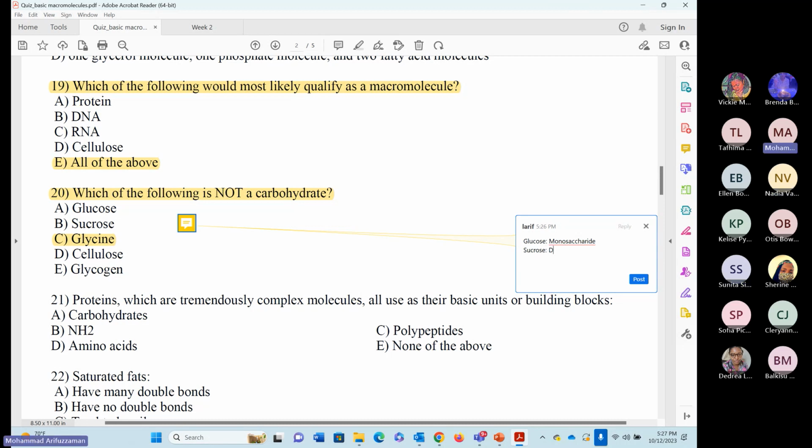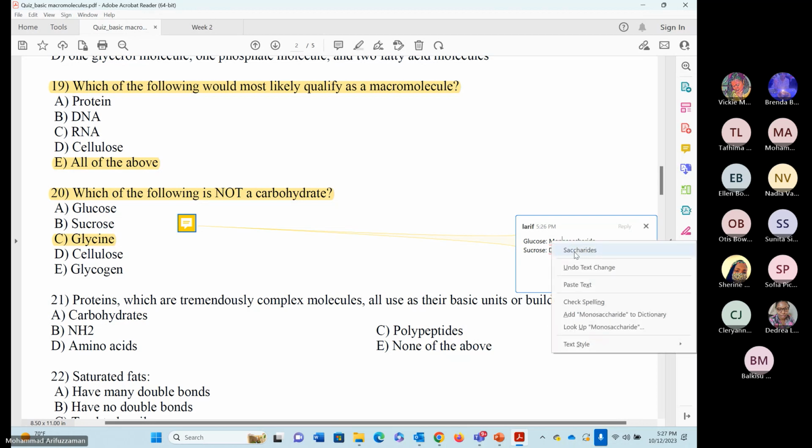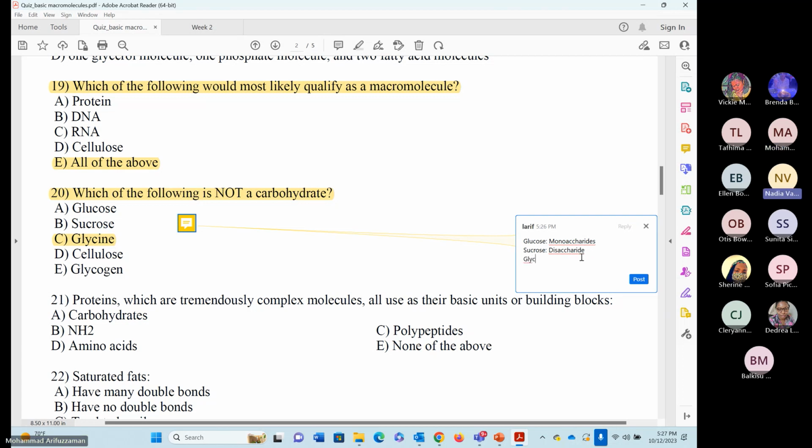Sucrose is a disaccharide, it's a carbohydrate. And what about glycogen? Glycogen and cellulose, these are polysaccharides.